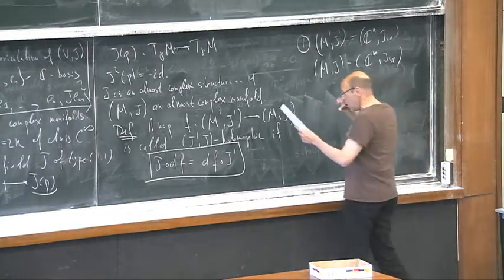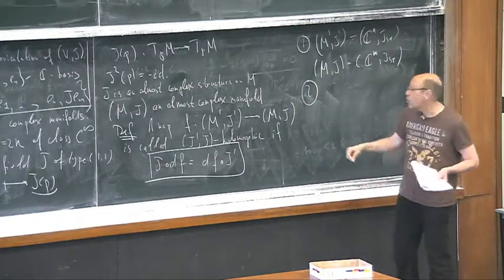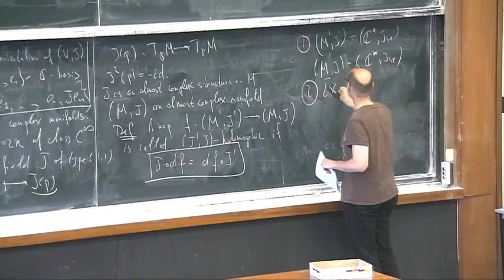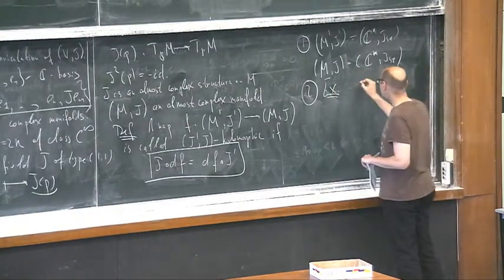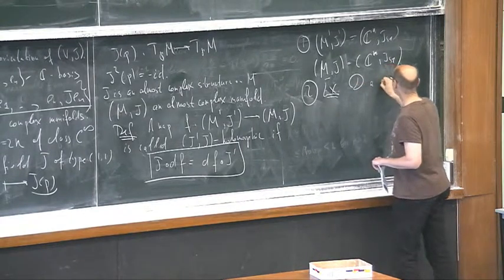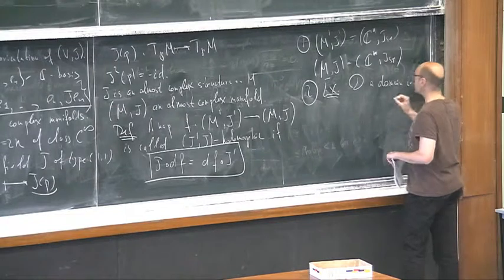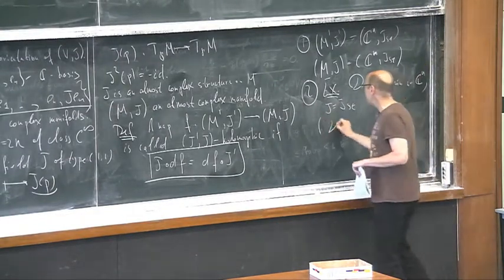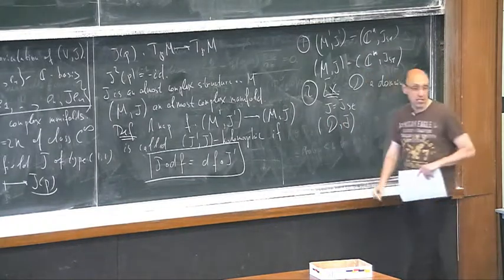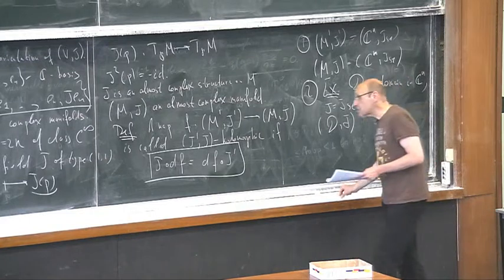Okay. Well, so what are examples of almost complex manifolds? The first basic example, of course, is if you consider D, a domain in C^n, and J is the standard structure of C^n, then (D, J) is an almost complex manifold. It is easy to check.